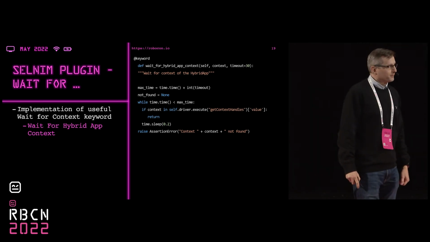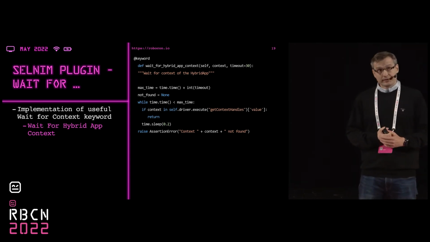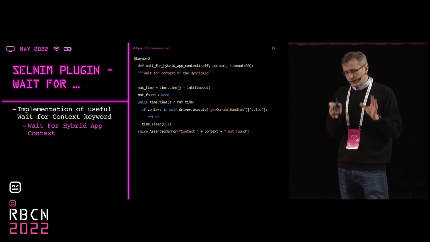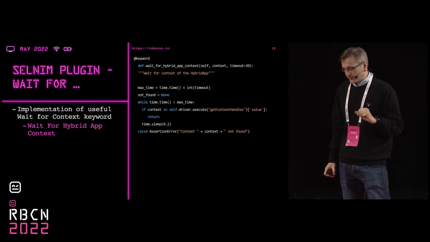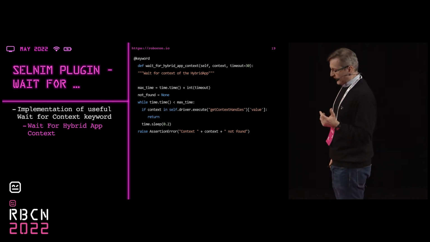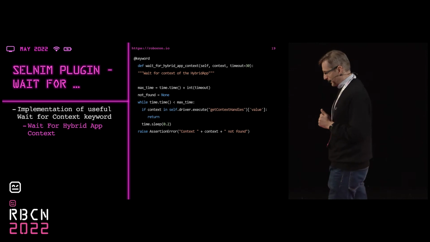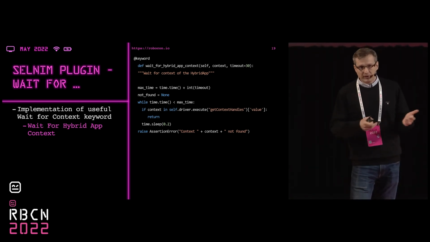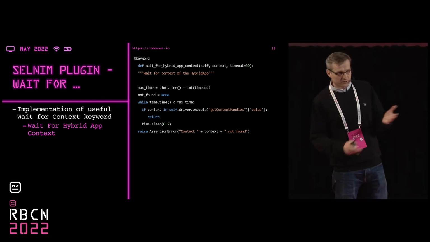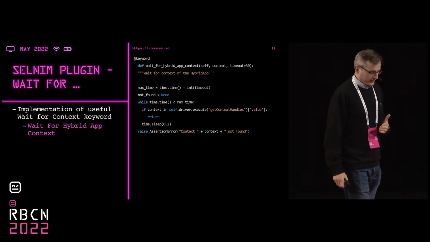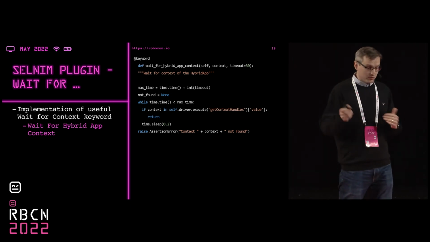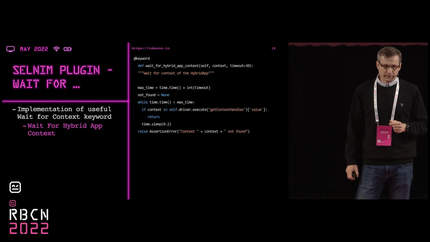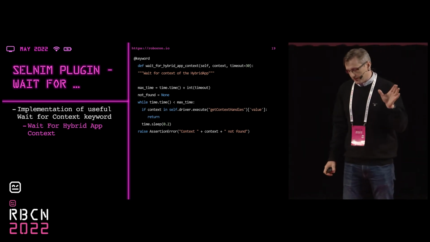So all in all, this part, setting the app, starting the app, installing it, is done in the suite setup phase. Depending on whether I want to execute test cases on the web or on the hybrid app, I just use a parameter, and the suite setup configures the test suite properly.